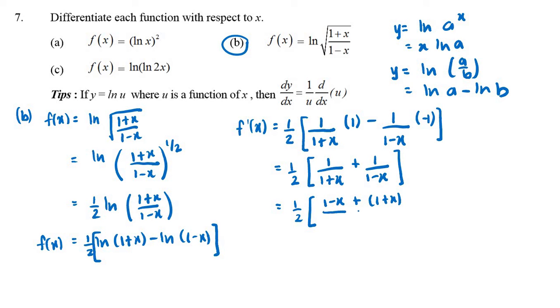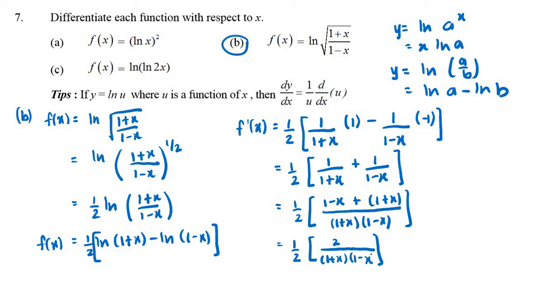Just cross multiply, and for the denominator you akan dapat (1 plus x) and then (1 minus x). So on the numerator, we're going to have negative x plus x dapat 0, 1 plus 1 dapat 2. So we're going to have 1 over 2 bracket 2 over (1 plus x)(1 minus x).